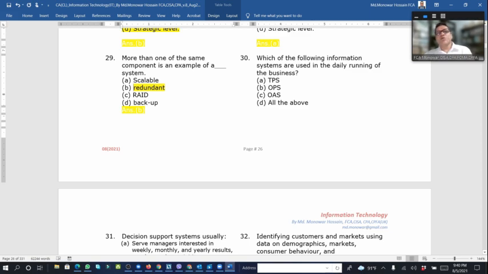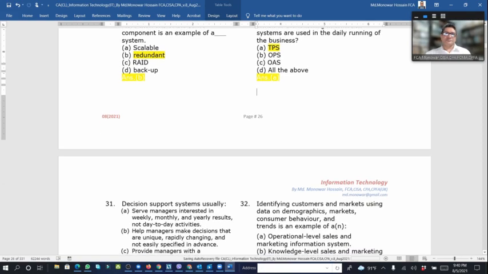And which of the following information systems are used in the daily running of the business? Regular use. That means transaction process, operation process. This one, TPS, transaction processing system, regular running, daily running.